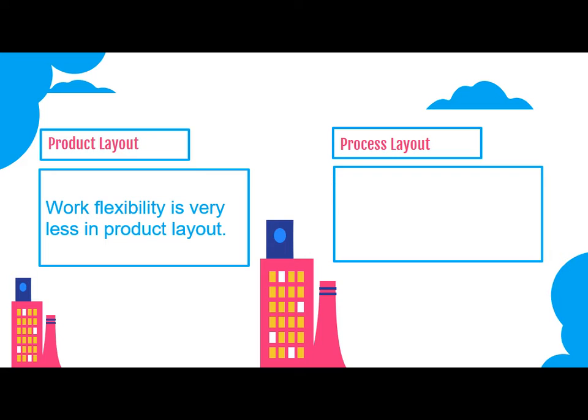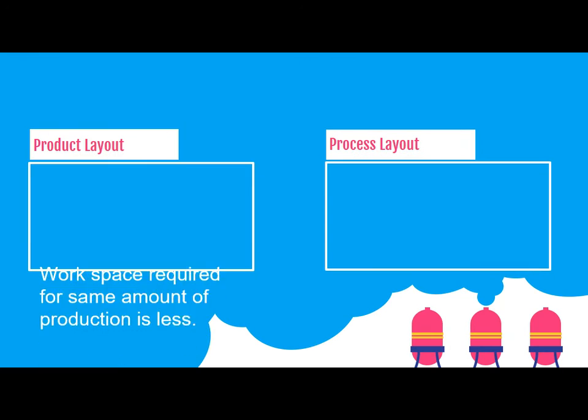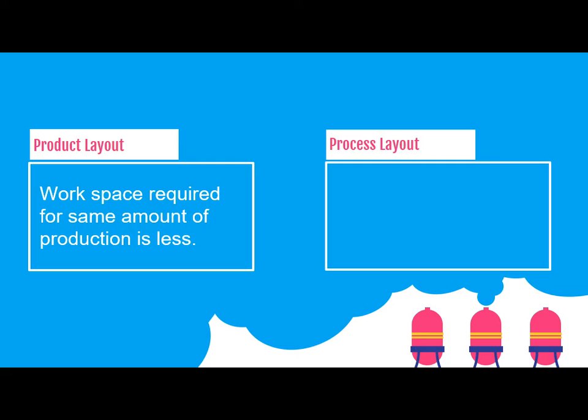Work flexibility is very less in product layout. Work flexibility is more in process or functional layout. Workspace requirement for the same amount of production is less in product layout.